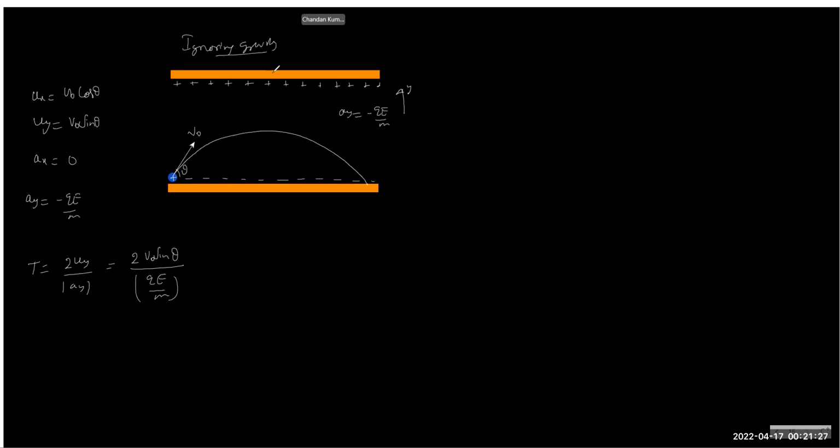If you want to add gravity, the net force becomes QE plus mg, and then the a_y becomes minus of this value. So if gravity is taken into consideration, the a_y will be equal to minus that.